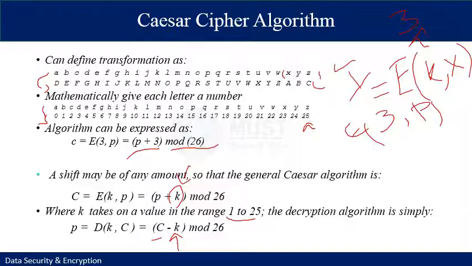If we present the algorithm in the same manner, we represented Y as the secret message. If we want to decrypt the same message that was represented by X, we use the decryption algorithm D, the key, and Y, the encrypted message.